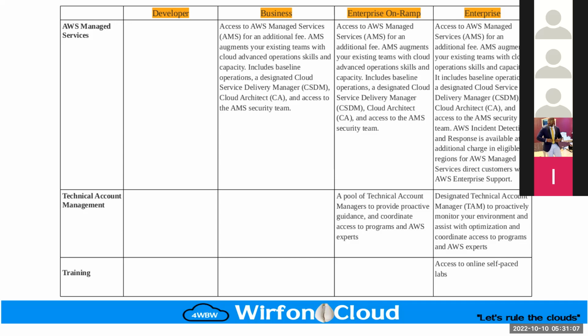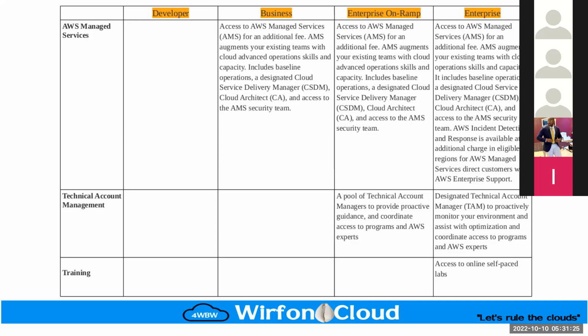Please, Lady T, just a quick clarification. I think it said different in the notes. For the technical account management, I think the pool was for the enterprise and the designated one for the enterprise on RAM, if I'm not mistaken.